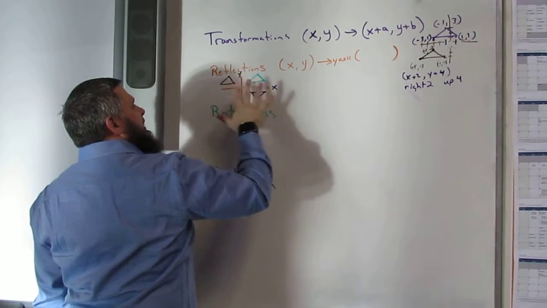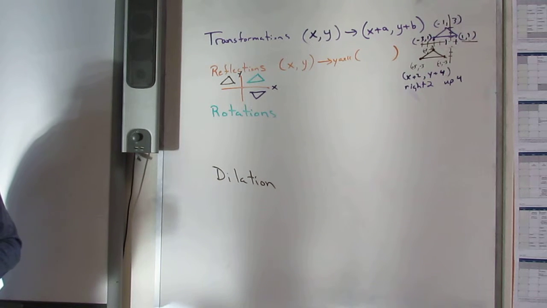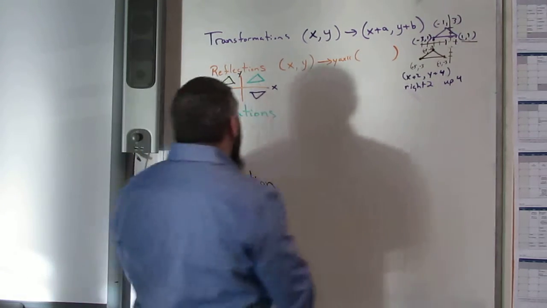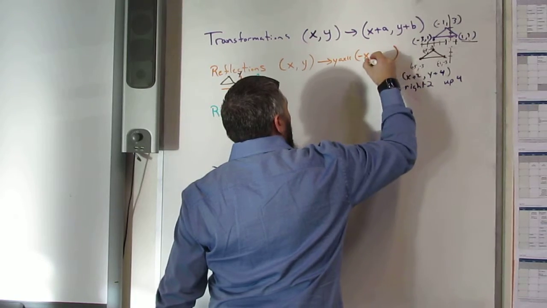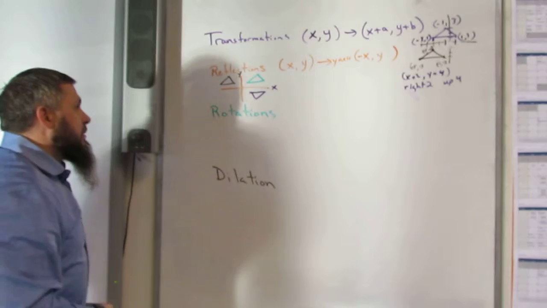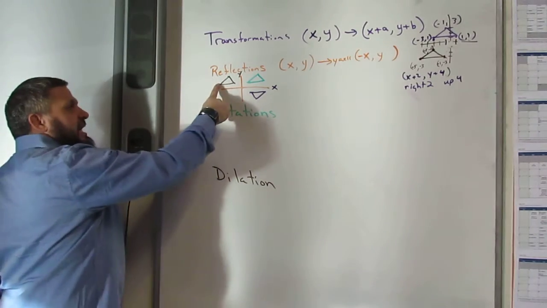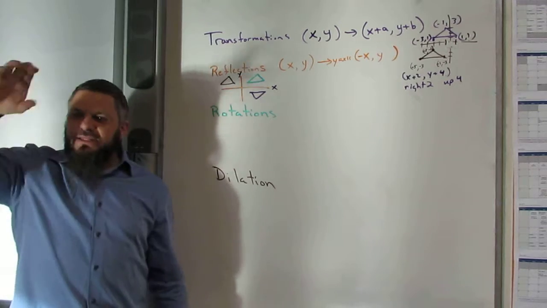The only thing that changes is that the x's become negative. That's it. So this x becomes a negative x. The y's stay the same, because they're at the same height.